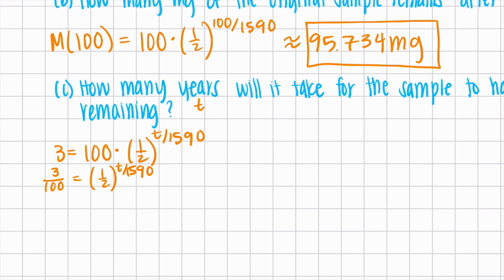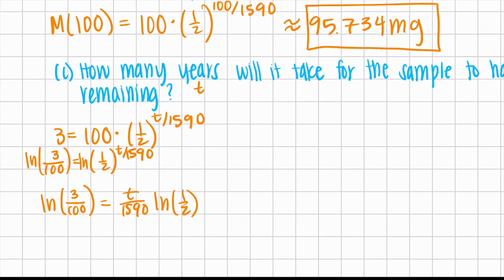I'm going to natural log both sides of the equation. We get the natural log of 3 over 100 equals, and I'm going to bring the t over 1590 out front. I'm going to divide by the natural log of 1/2 on both sides.